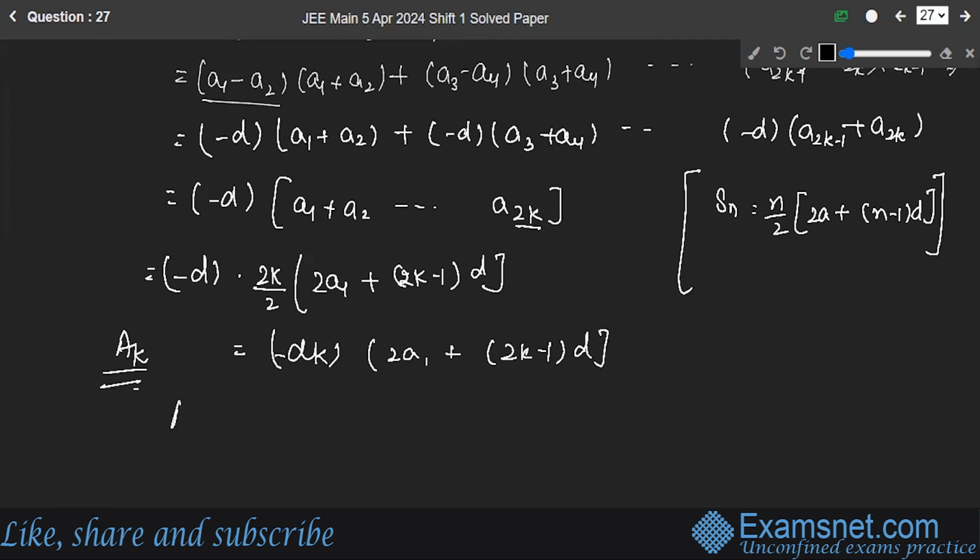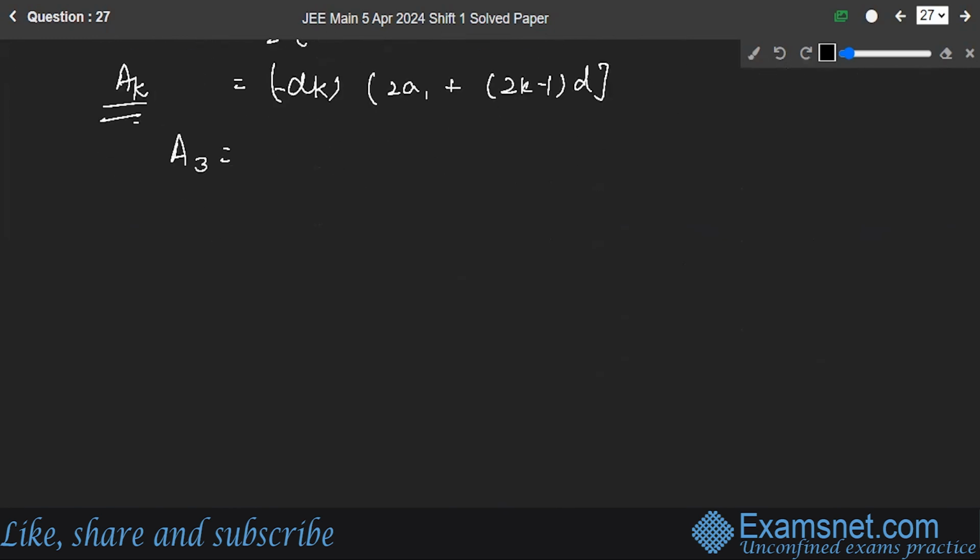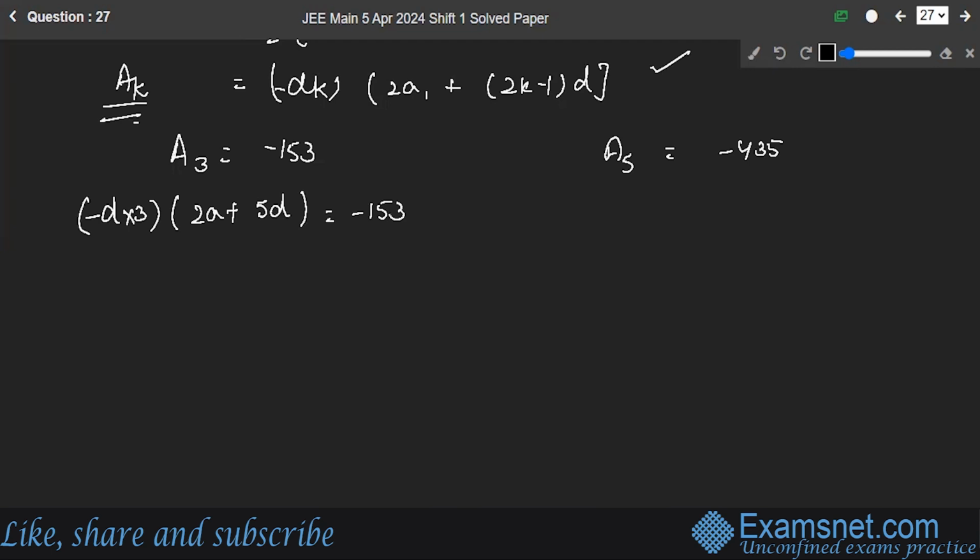And you are given in the question A3 is equal to minus 153, and A5 is equal to minus 435. So using this thing, you have k is equal to 3 in this case. This will give me minus d into 3 into 2a plus 5d is equal to this, right?